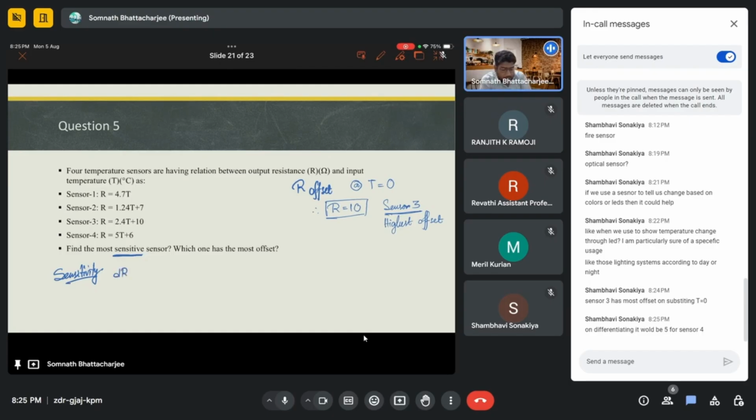We need to get the value of dR/dt, that is the change in output, that is the resistance here, with respect to change in input values. So dR/dt is 5 for sensor number 4. So this is the most sensitive sensor.